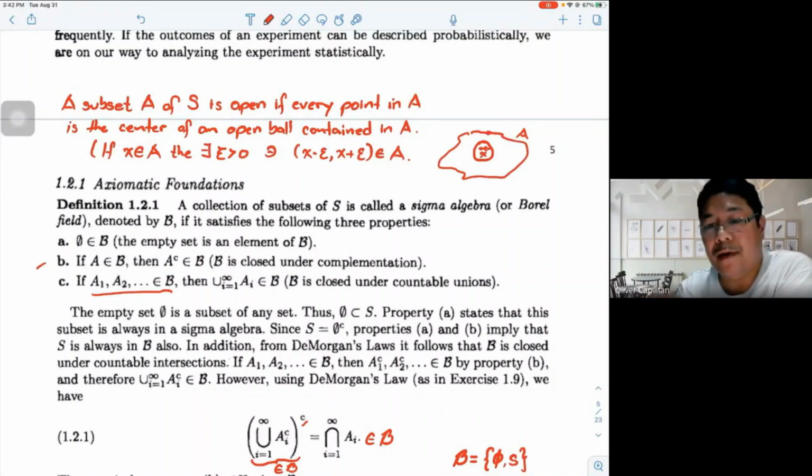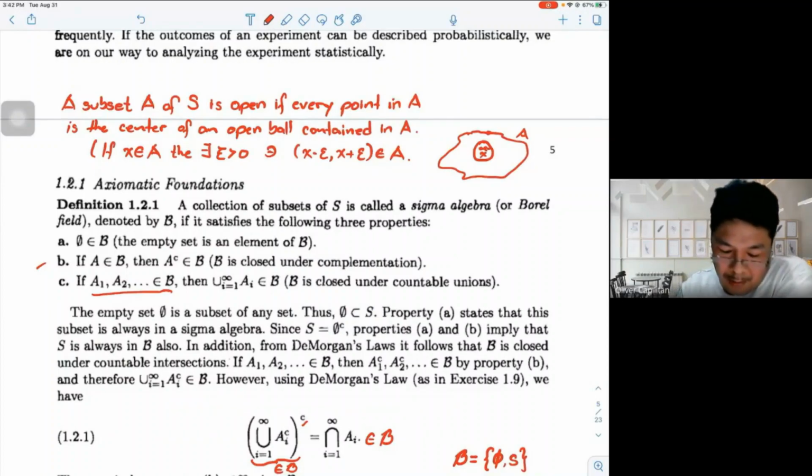So we have a ball there that is not contained in A. So all the points must not lie on this, sabihin natin, boundary of A. Nasa loob lang siya. That is why our A here is an open set.